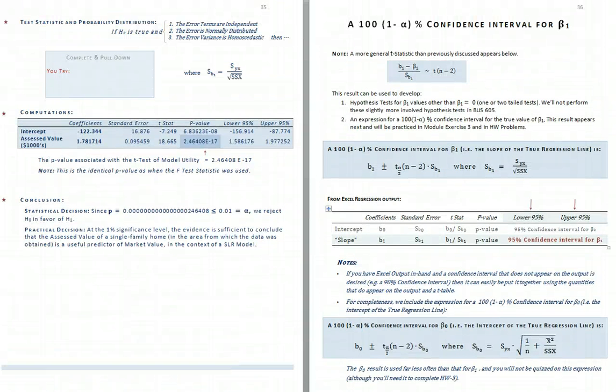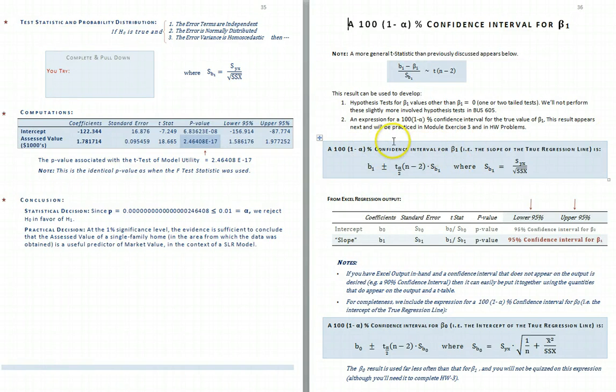As a quick review of how to interpret a 95% confidence interval, we can say, if this expression for a 95% confidence interval for beta 1 is used in 100 independent situations, about 95 of the confidence intervals obtained would actually capture the value of beta 1, and about 5 of the confidence intervals would not.